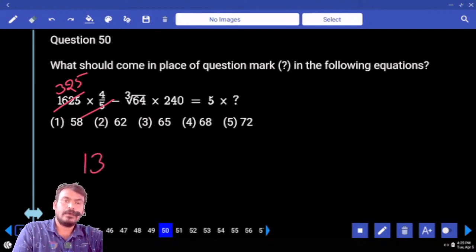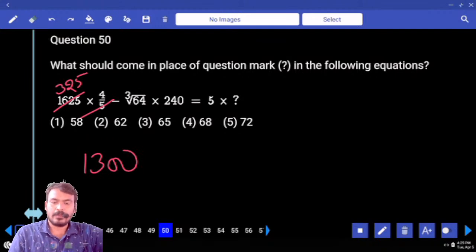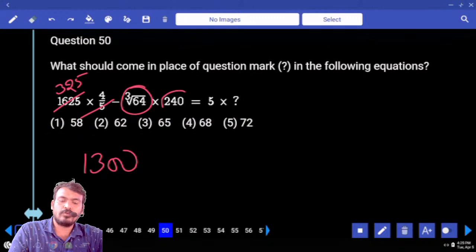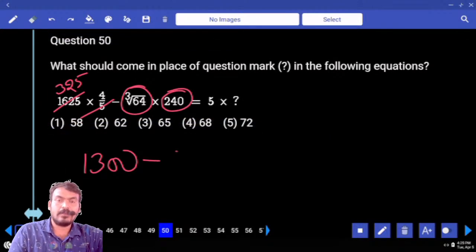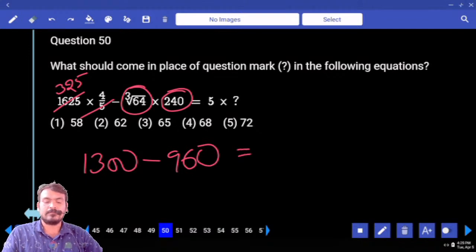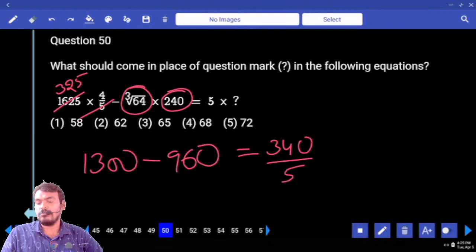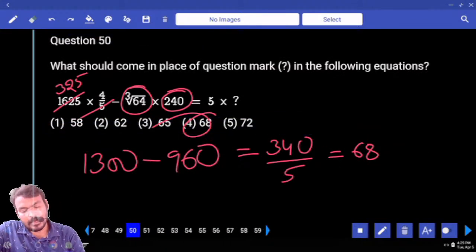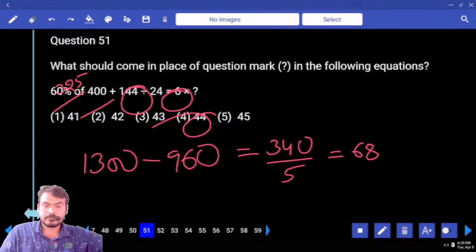Overall it is 1300 minus cube root of 64, which means 4. 4 into 240 is 960, or not? Minus 960, or not? 1300 minus 960. 340 by how much value? 5. We are getting 68. Which option? Fourth one.